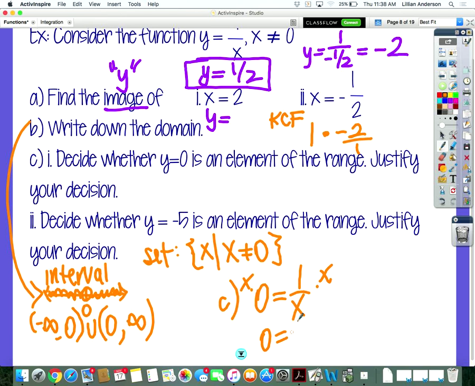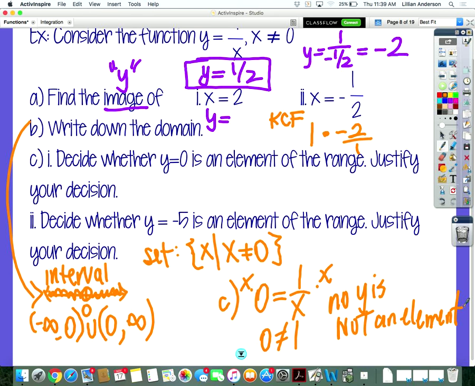Yeah, 0 equals 1. Can you have something like that? No. So no, y is not an element. To justify your decision, this work of showing why it doesn't work is enough to justify.